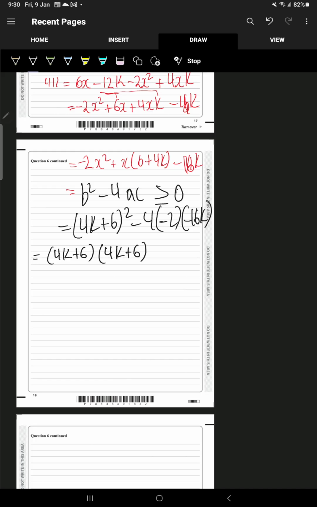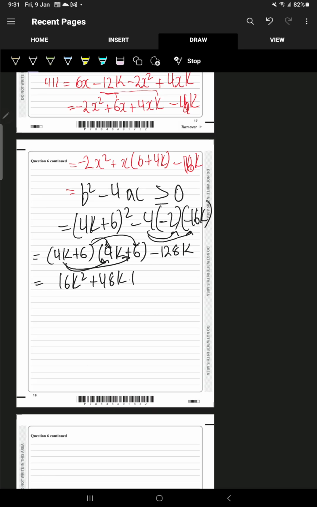Minus 4 times minus 2 is plus 8, and 8 times minus 16 is minus 128k. 4k squared is 16k squared. Expanding 4k plus 6 squared, 6 times 4 is 24 and another 24, so 24 plus 24 is 48k.